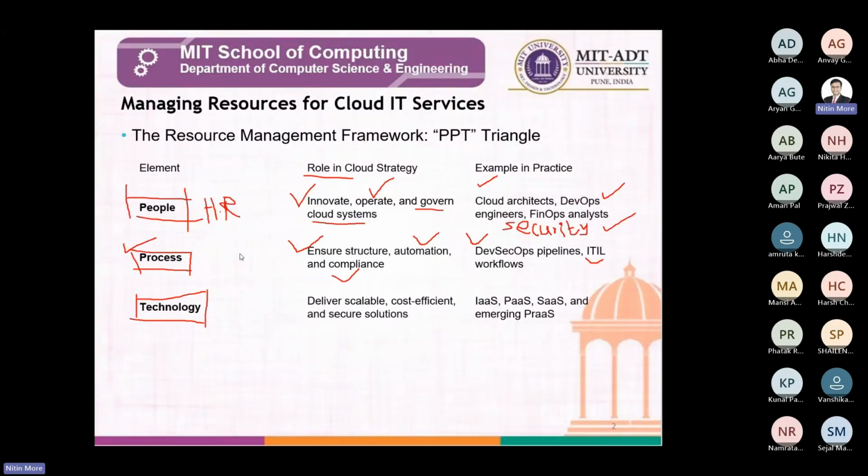So in the cloud service models, we have infrastructure as a service, platform as a service, and software as a service. In infrastructure, we come up with VMs, that is virtual machines, managing proper storage, and managing the network by implementing proper VPNs, virtual private networks, and so on.